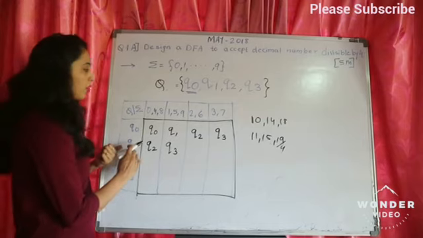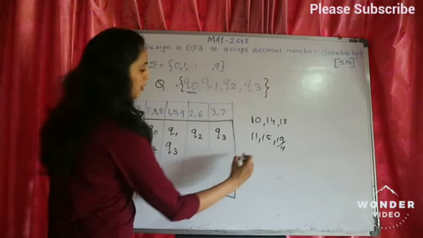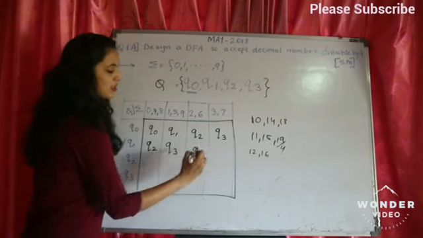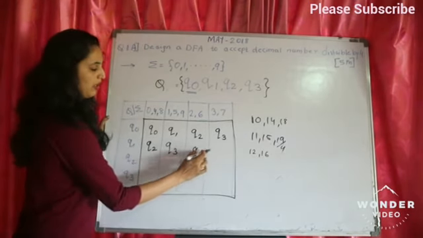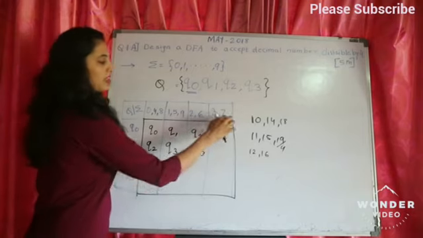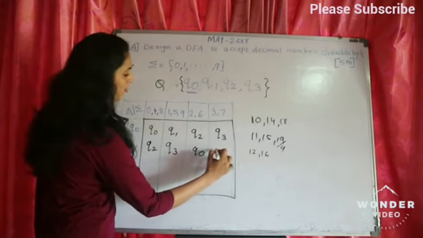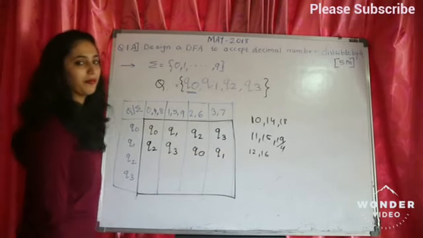The next is Q1 on 2 and 6, that is 12 and 16. If I divide this by 4, the remainder is 0. And Q1 on 3 and 7 gives 13 and 17, which divided by 4 give remainder 1.